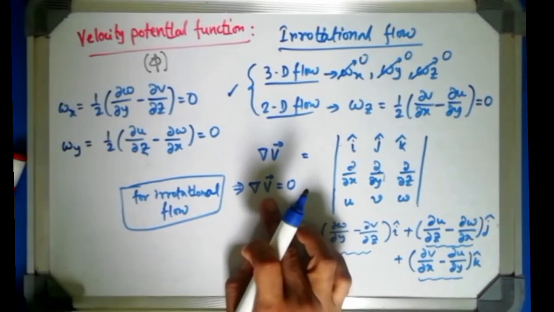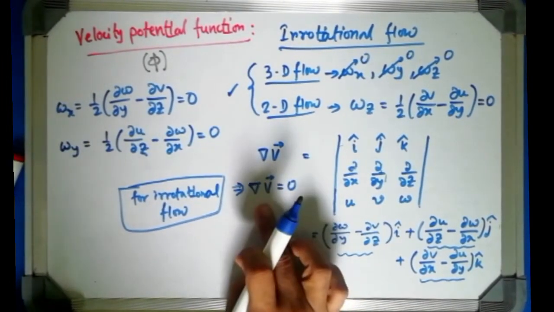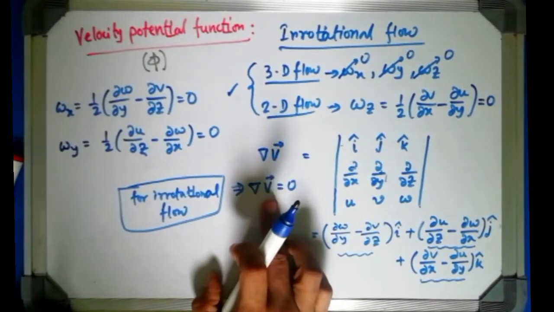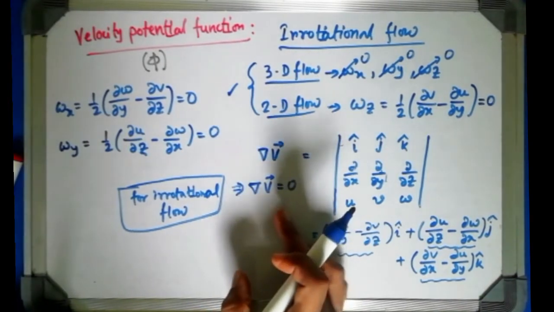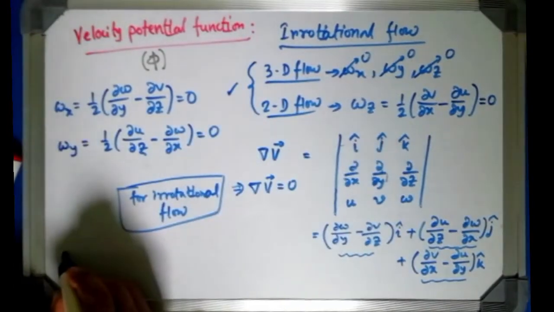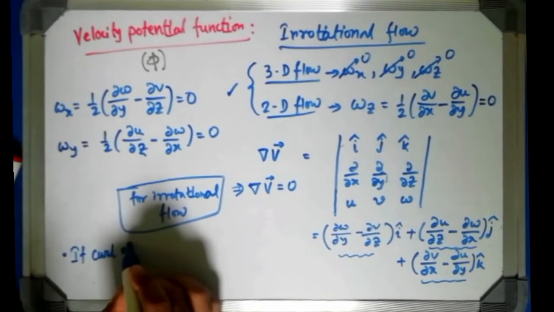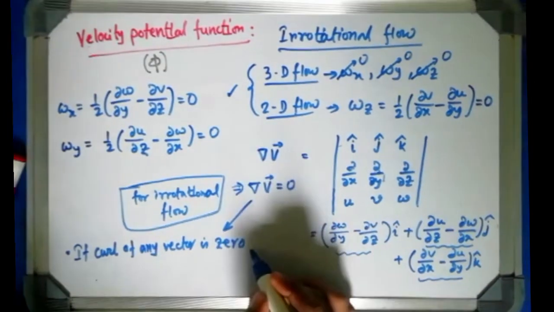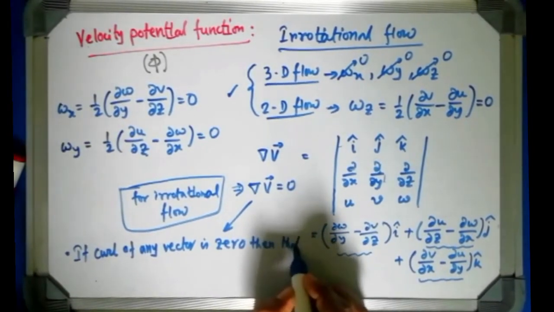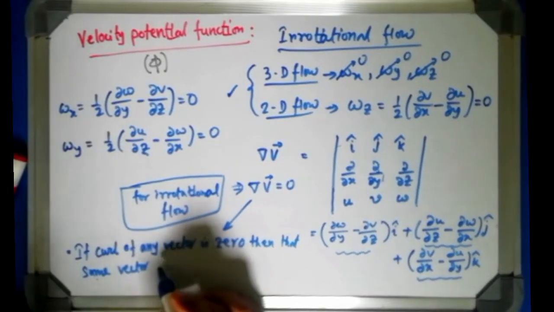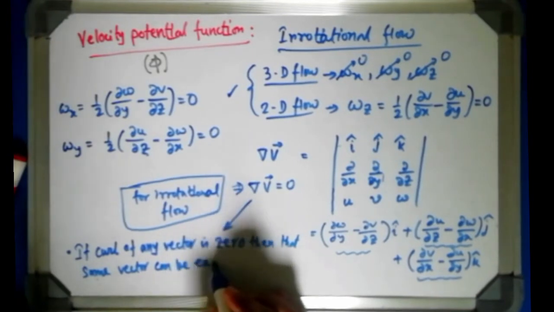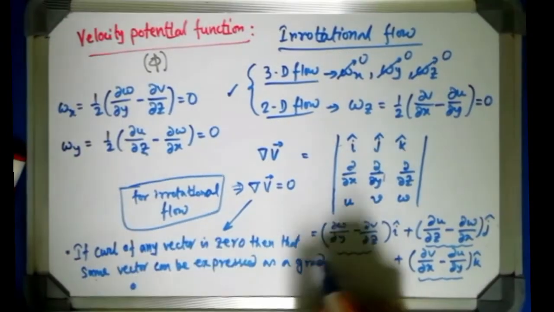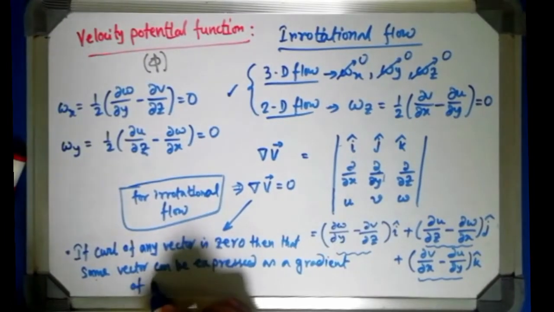If the curl of any vector is 0, then that same vector can be expressed as the gradient of a scalar function. Again repeating my words: if the curl of any vector is 0, then that same vector can be expressed by the gradient of a scalar function. It is very important, so I can write this line: if the curl of any vector is 0, then that same vector can be expressed as a gradient of a scalar function.